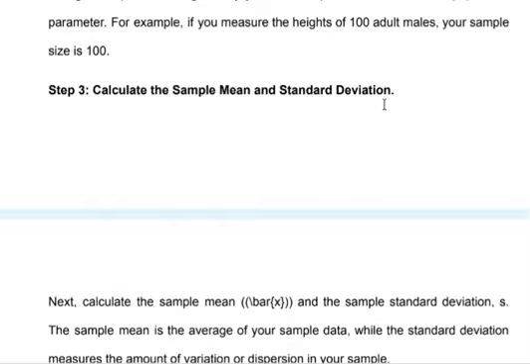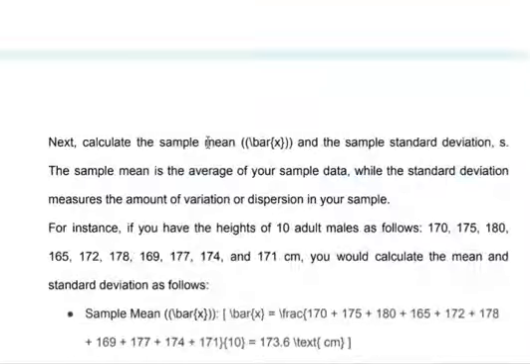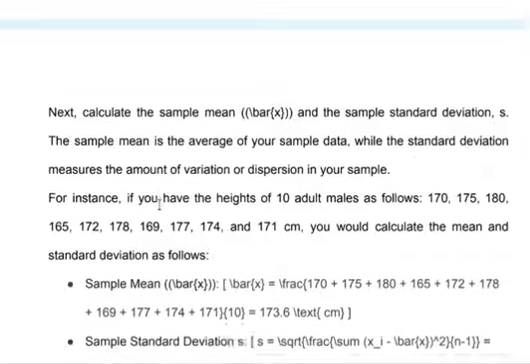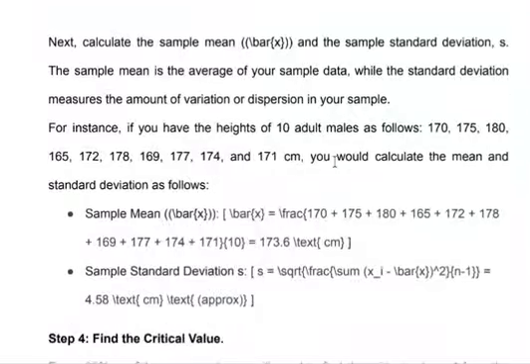Step 3. Calculate the sample mean and standard deviation. Next, calculate the sample mean and the sample standard deviation, S. The sample mean is the average of your sample data, while the standard deviation measures the amount of variation or dispersion in your sample.